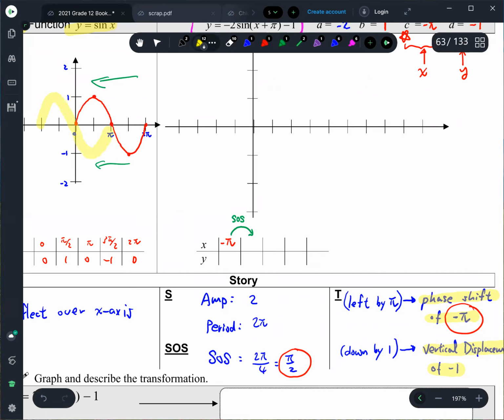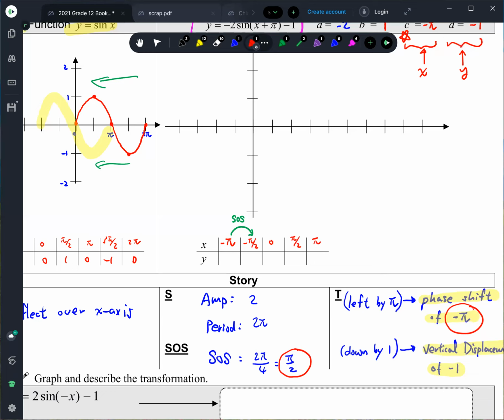Yeah, should be something like that. So negative pi over 2, keep on going. What's the next one? 0. Yeah, and then? Pi over 2. And then? Pi. Yeah. Okay, so you just start from your starting point. The only change is your starting point. Your starting point will be your C value.